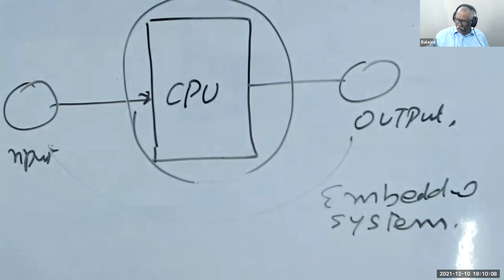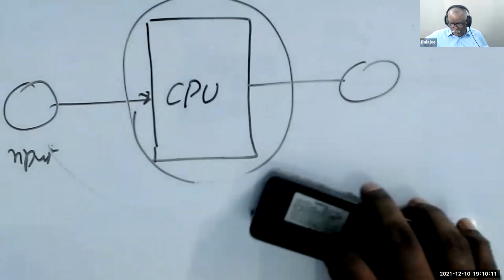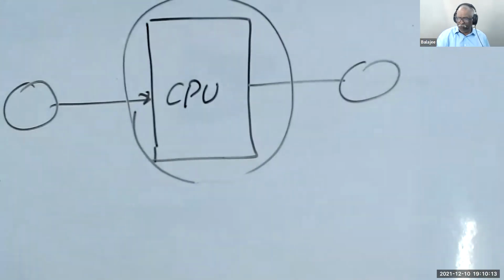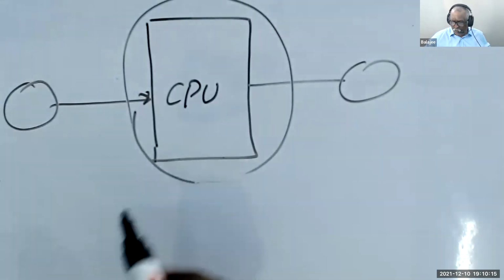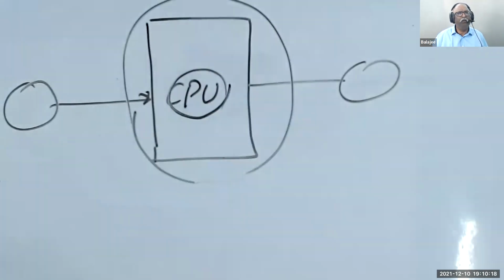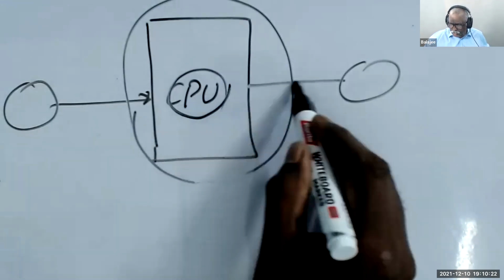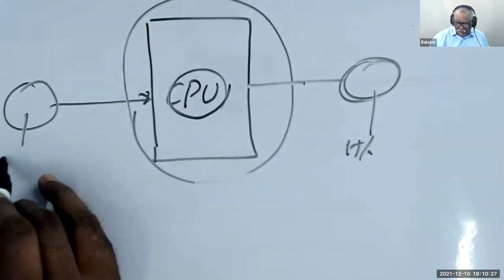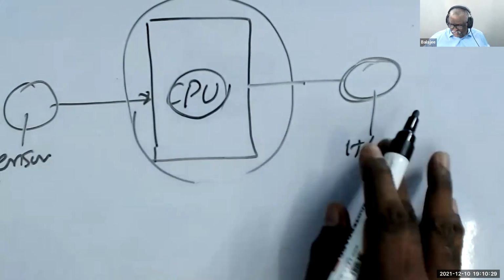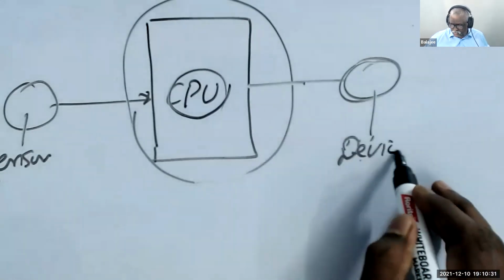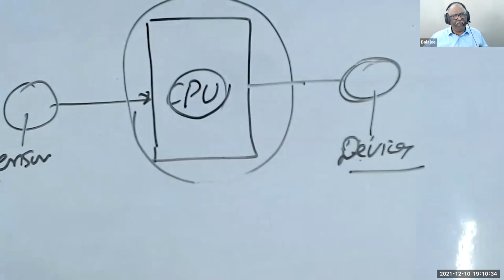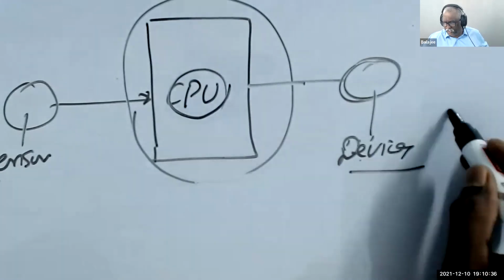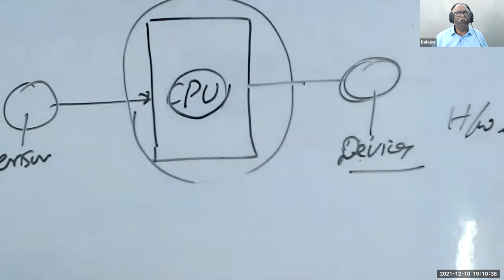So what the industry is looking for today in 2021 is somebody who is able to write a good program here. And from here to here, connecting the hardware, that is the sensor or devices, somebody is taking care of that. You may call that person a hardware engineer.